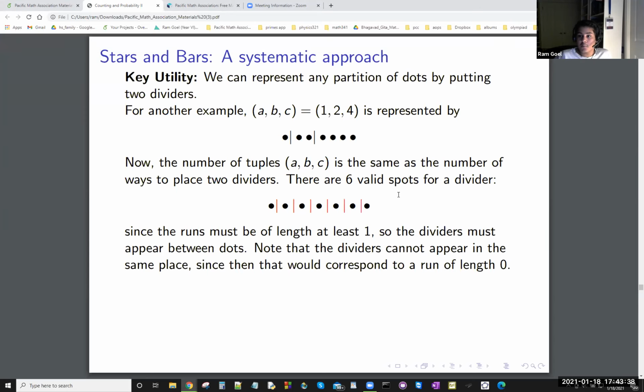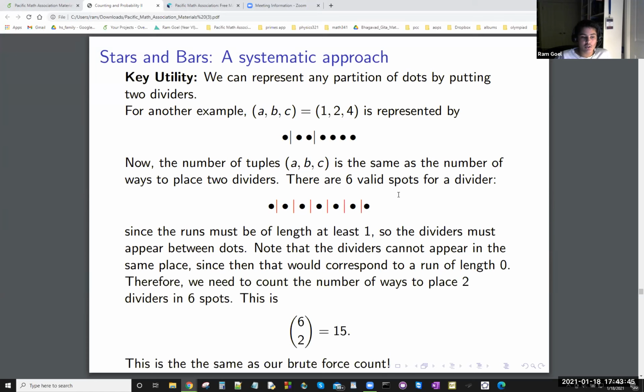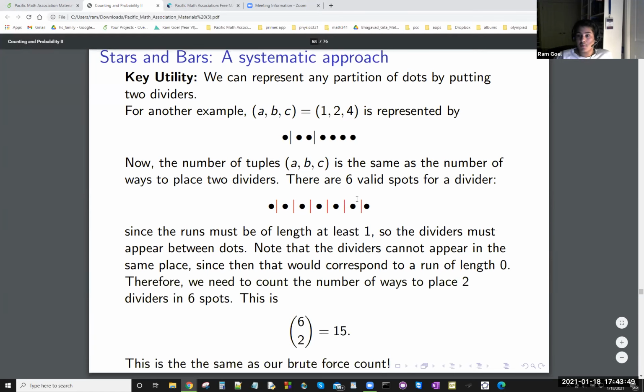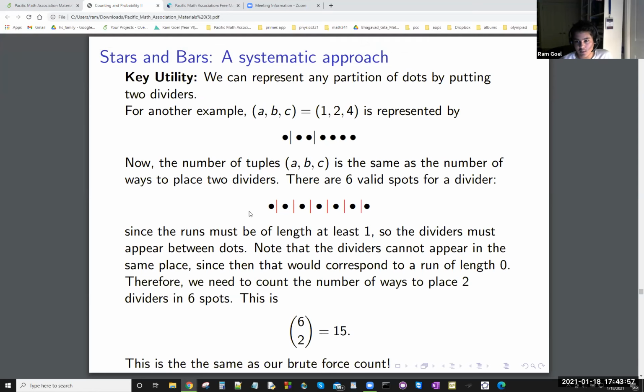Now, this is pretty clever because now it just suffices to count the number of ways to put two dividers in these 6 places, which is just 6 choose 2. 6 choose 2 because if I put a divider here and here, that's the same as putting it in this different order because the dividers are indistinguishable. So the concept of distinguishable and indistinguishable is really important, okay?